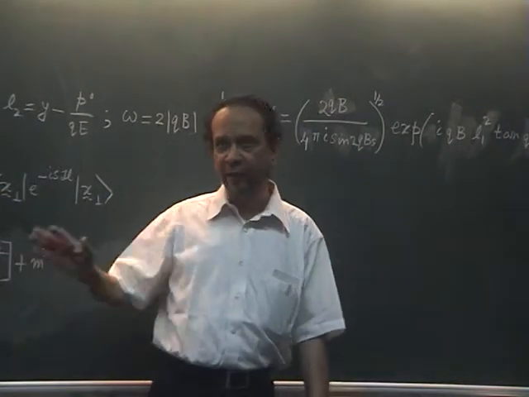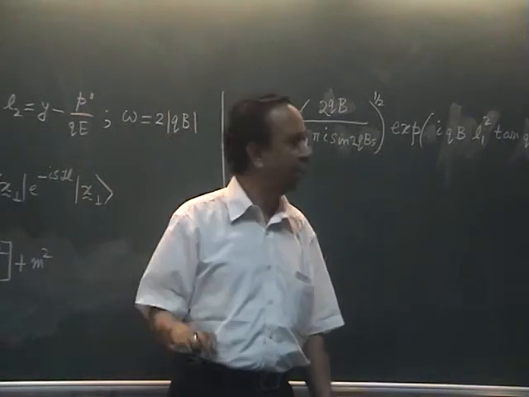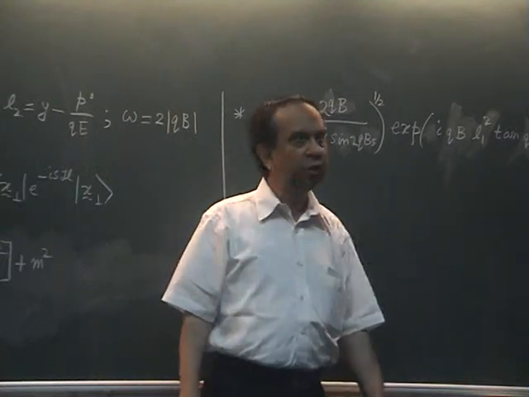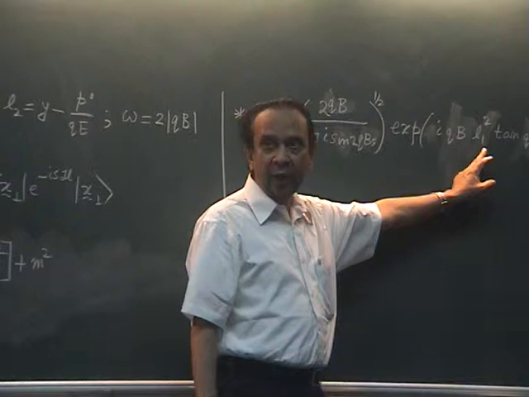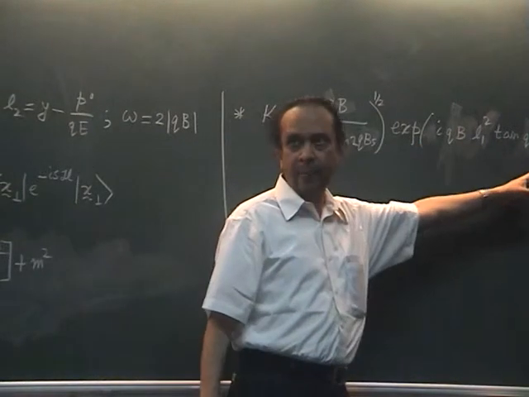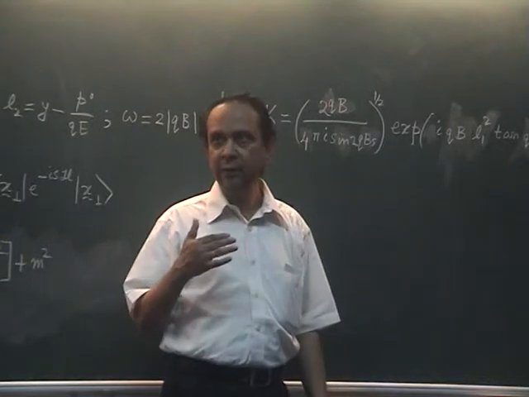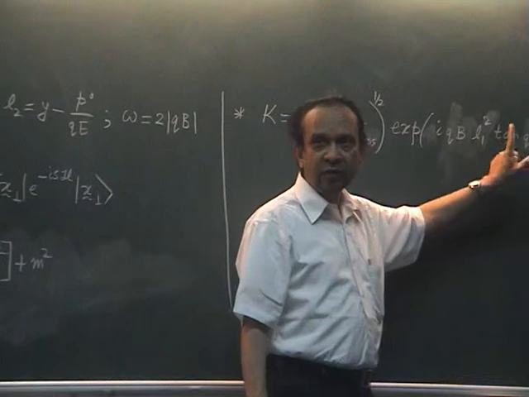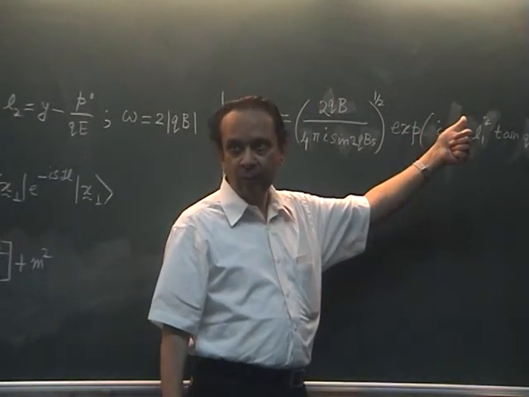I am going to write down the final answer, but let me orient you towards what you should expect. You are going to integrate this over L1. This is a Gaussian integral with an L1, so you will get square root of pi divided by this object. So you will get in the denominator square root of tan of this quantity. That will be square root of sine and a square root of cos on the top.